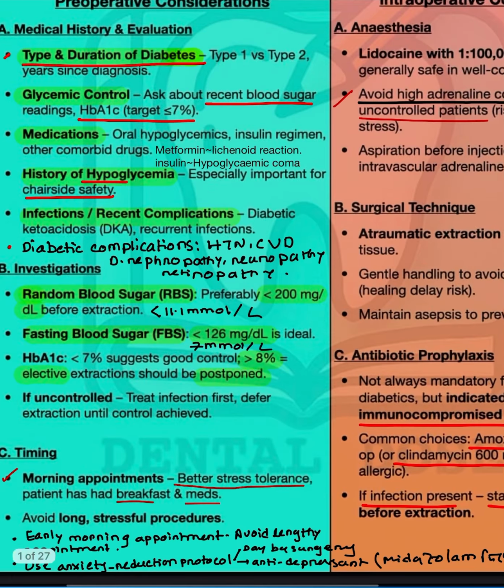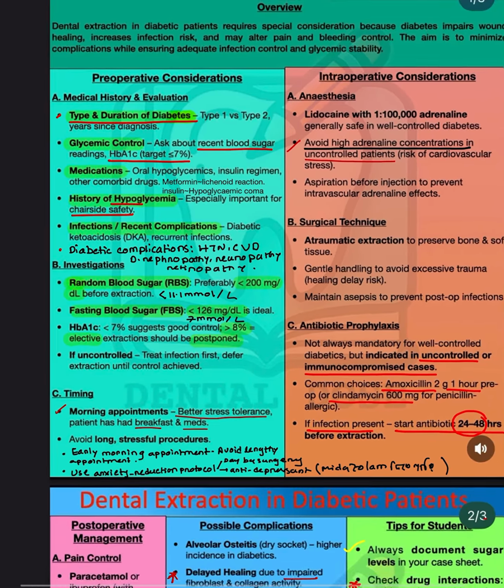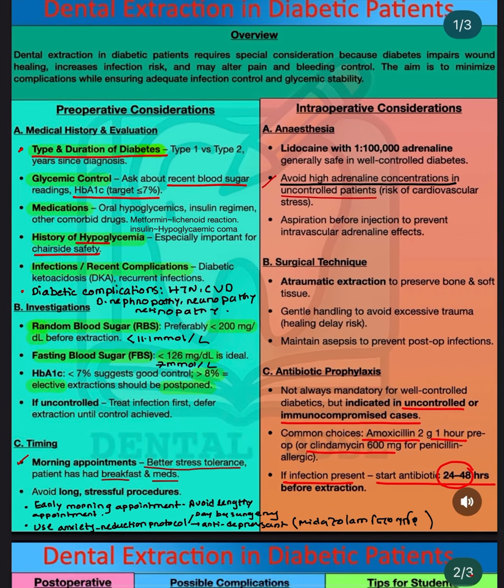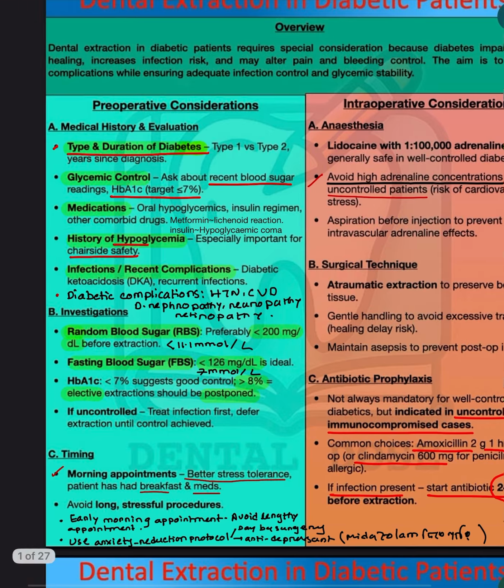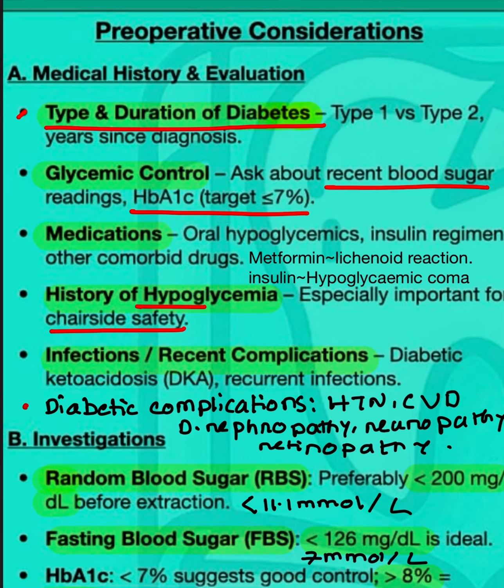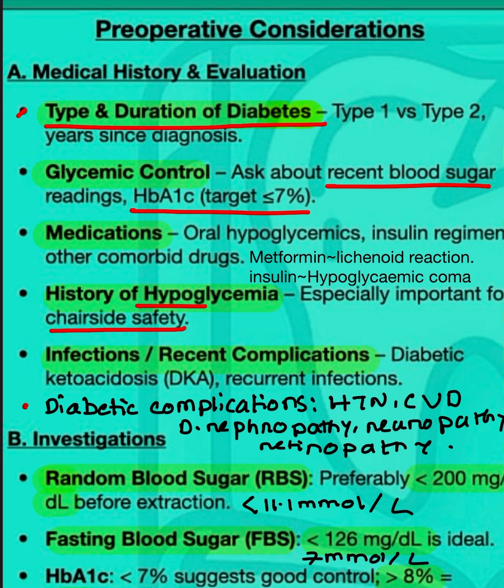So if a diabetic patient comes for extraction, how will we proceed or manage? First of all, we'll take the medical history of the patient. We'll ask when the diabetes occurred, and the type of diabetes matters.